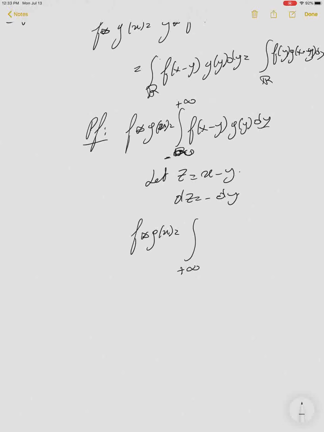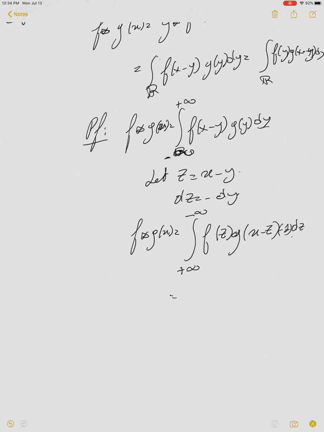And when y goes to positive infinity, x minus y goes to minus infinity. f of x minus y is f of z. g of y is g of x minus z. And now dy is minus dz.